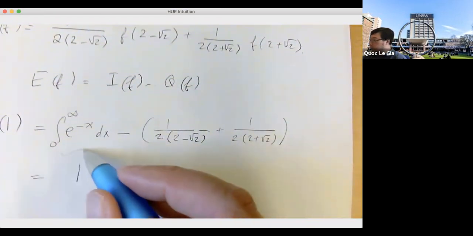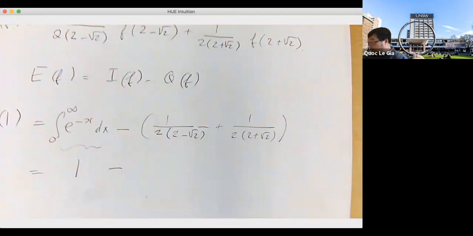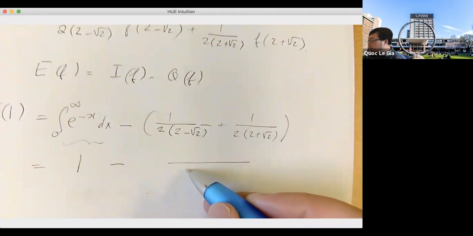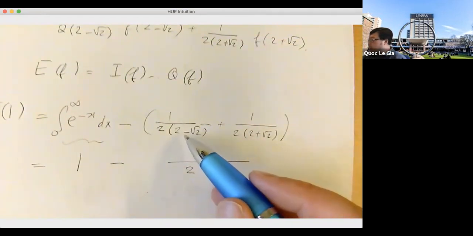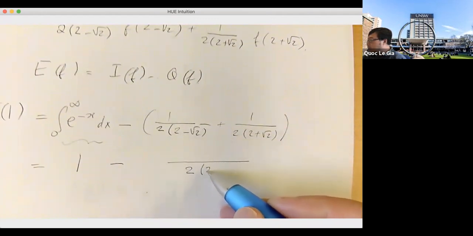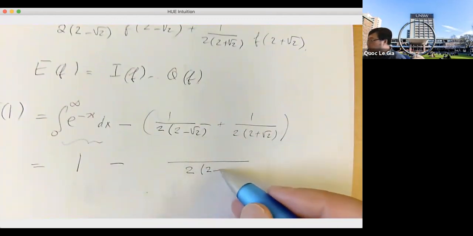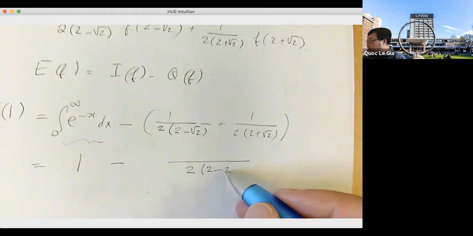Okay. And this one, if you do the common denominator, then this one is just 2 plus root 2 and 2 minus root 2 over, so that will be 2 minus root 2 and 2 plus root 2, right?